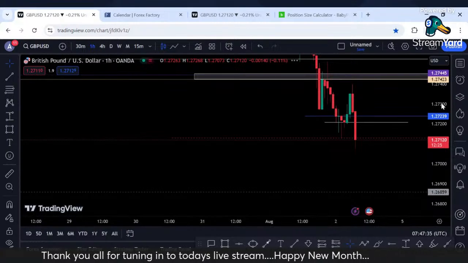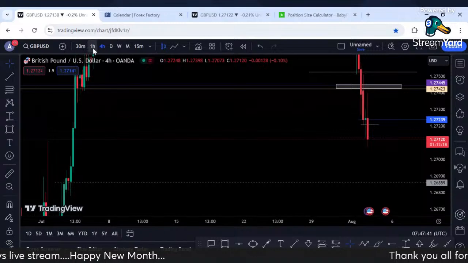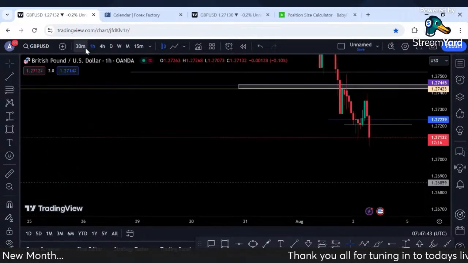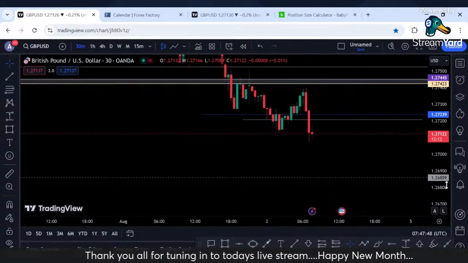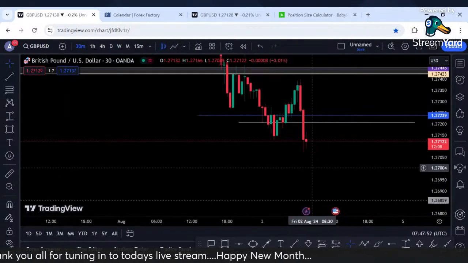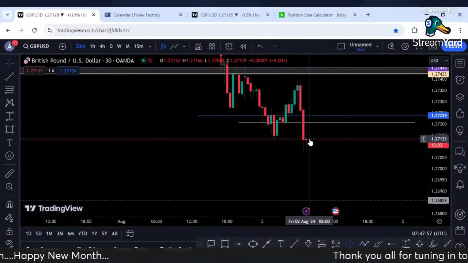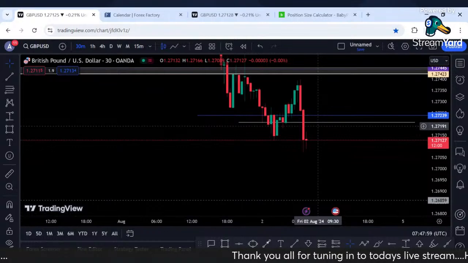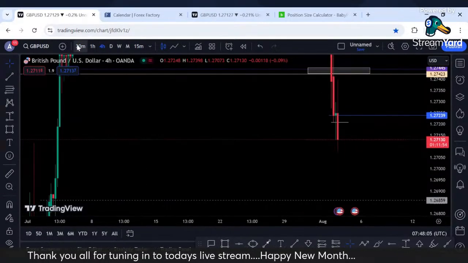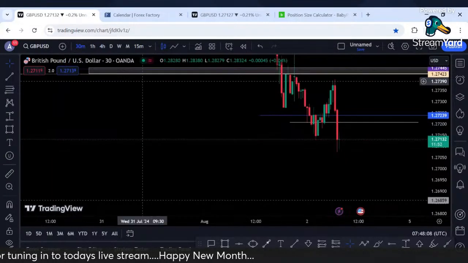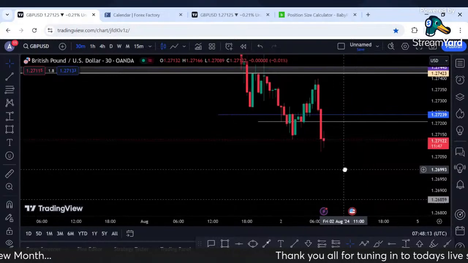The market is really testing my patience today. I wanted this one to flip bullish, then the flip of the bearish candle, then we're going for sell.